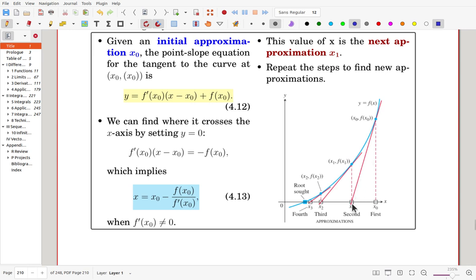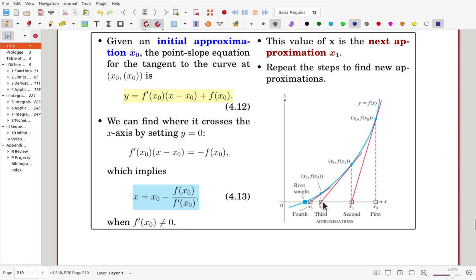Then now we try to find the x-intercept, and that x-intercept x1 is considered as an updated approximation. And by using x1, now we can make again a tangent line and try to find the corresponding x-intercept.